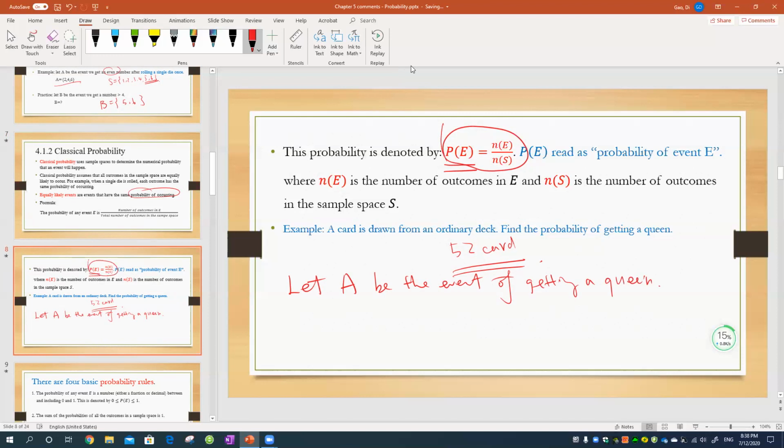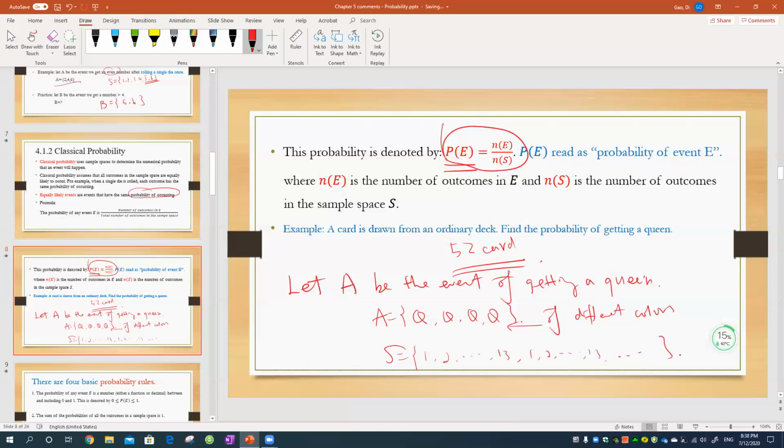So A is going to be the 4 queens of different colors. And then the sample space is 1, 2, up to 13, and again 1, 2, up to 13.